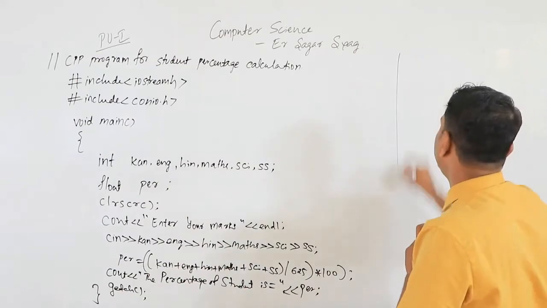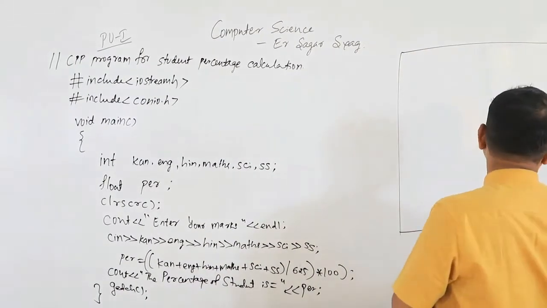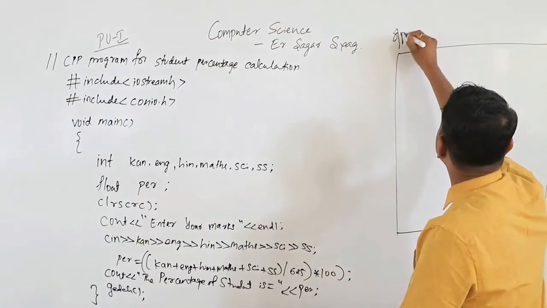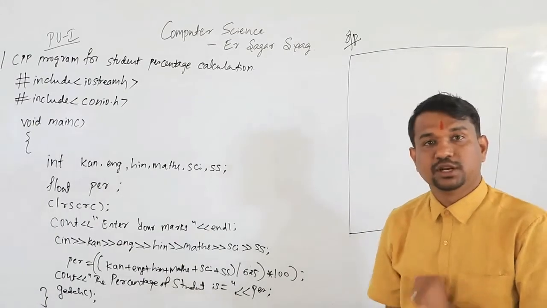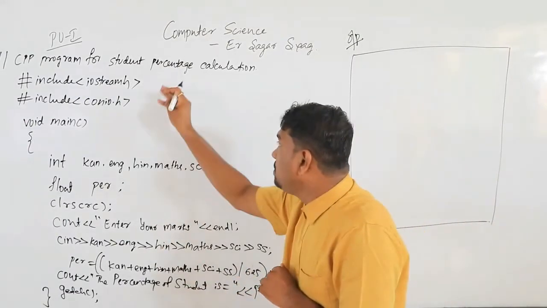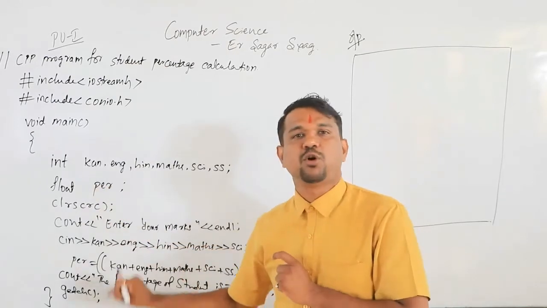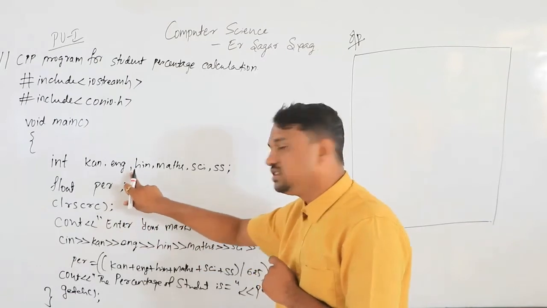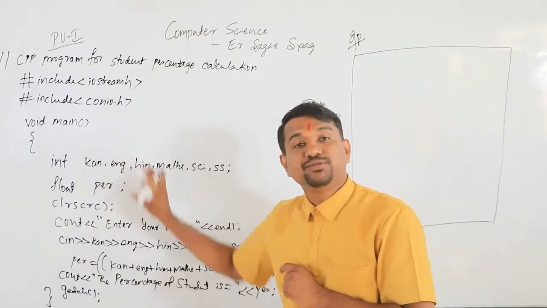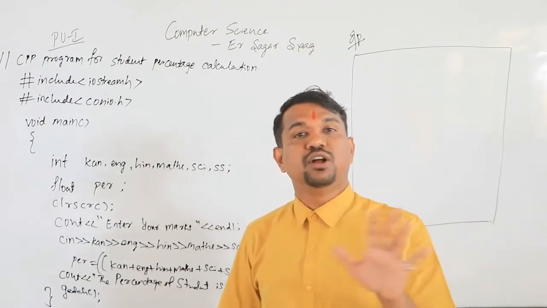Okay, now I will write the output. See, if I missed something over here, means if I missed some comma, semicolon or whatever, this is called a semicolon, this is called a comma, then the computer will not execute it.